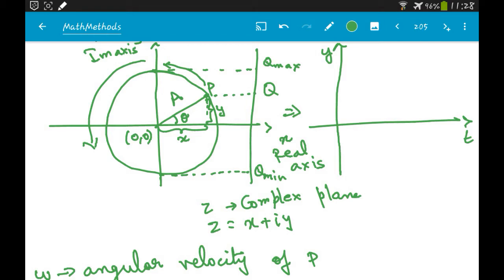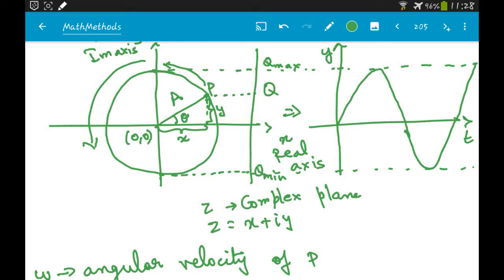The maximum value that the function can take would be Q max, and Q min is the minimum value it can take. So it will be like this, and so on.